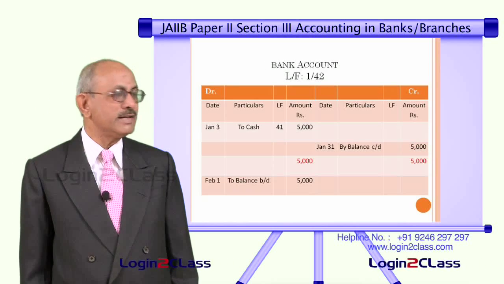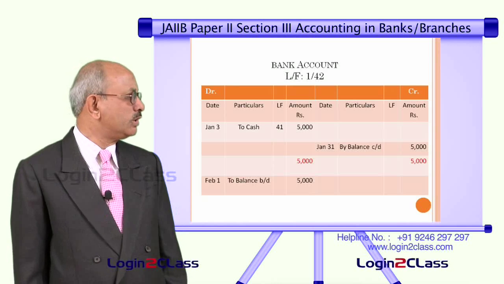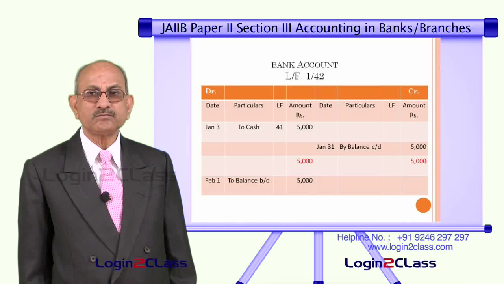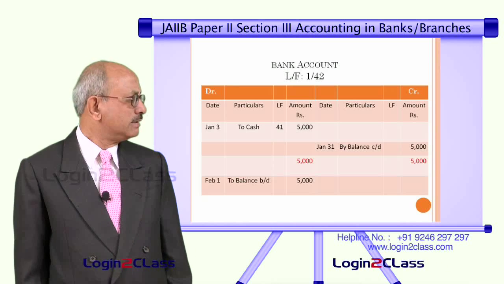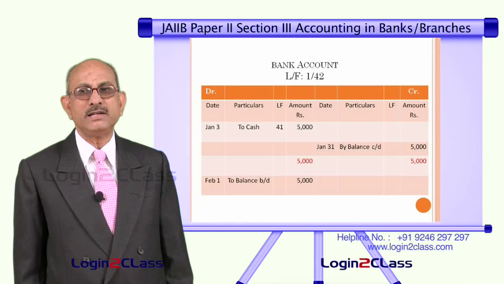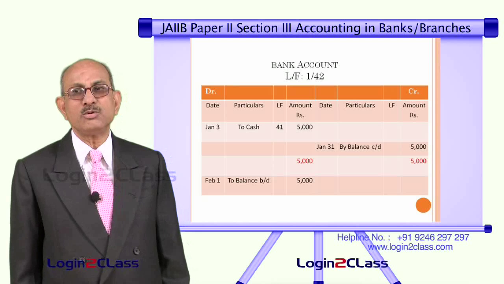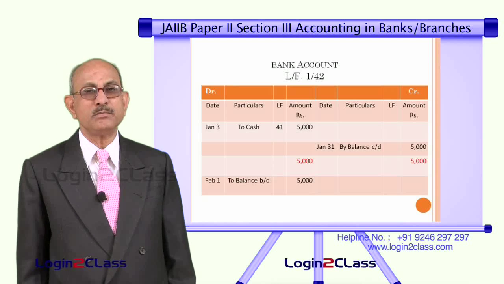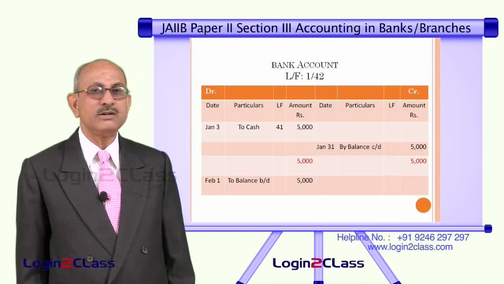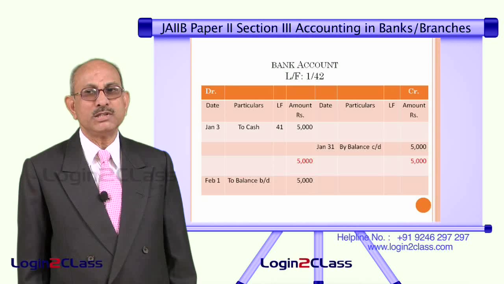Now coming back to the next account, bank account, this is also a real account because it is an asset, and there we had only one entry on the debit side, and so to balance that we have to put the entire amount on the credit side by writing it as balance carried down and total it up so that both the sides balance.